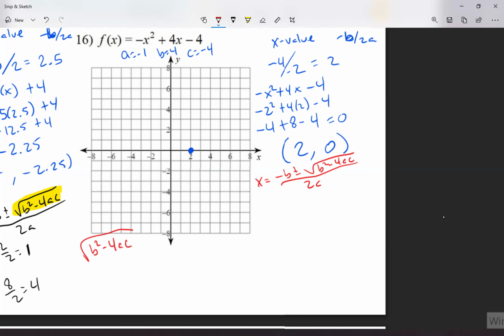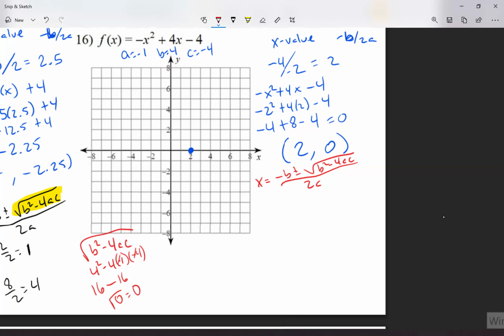So I'm going to go 4 squared minus 4 times a negative 1 times a negative 4. So I have 16 minus, right, because those two cancel out, 4 times 1 times 4 is 16. So 0, but the square root of 0 is 0.